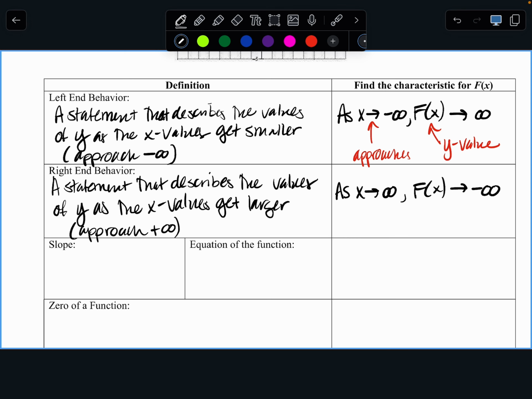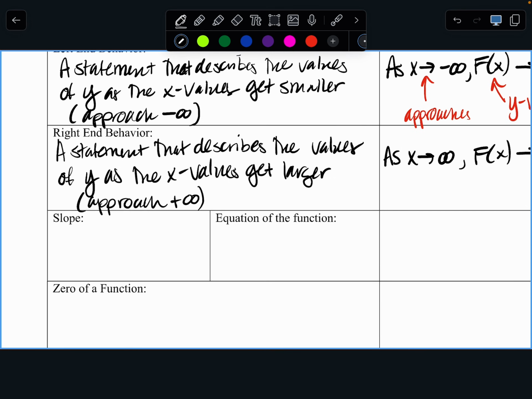Okay, let's remember slope. Slope is vertical change divided by horizontal change, okay? So we say change in y over change in x.